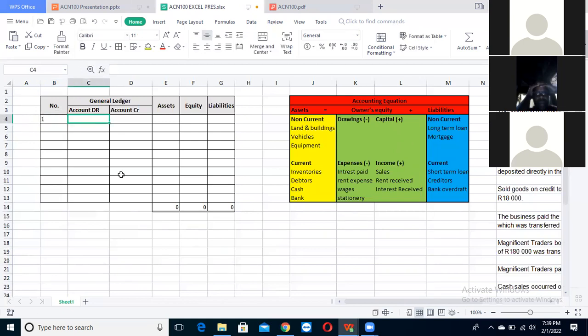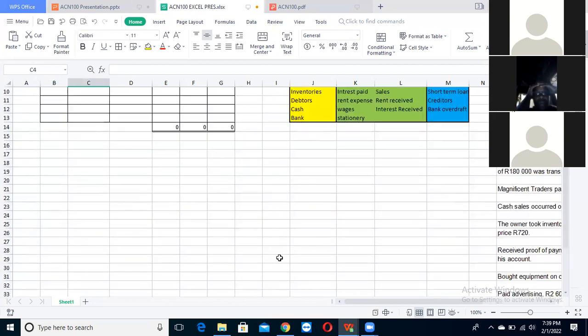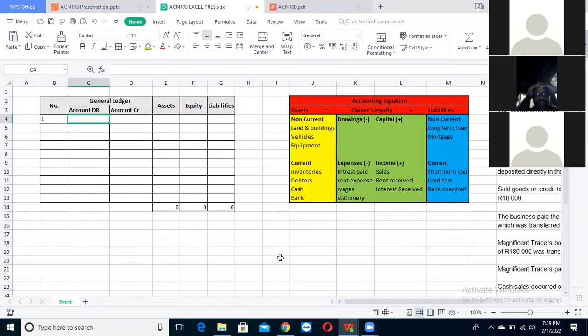What we want to do is to realize which account is being debited and which account is being credited, and this is our accounting equation. These three: assets, equity, and liabilities. The assets of the company should be equal to the equity plus the liabilities. So this should remain in balance throughout the course of our transactions.